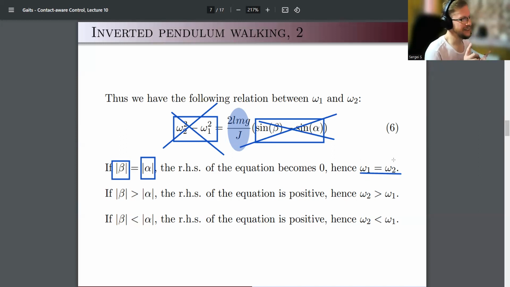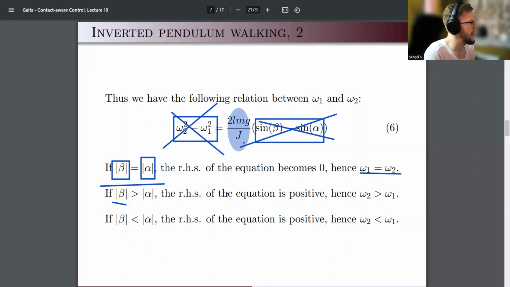It means that if the angle phi of your pendulum is the same in the beginning and at the end of the support phase, your angular velocity is not going to change. We will look at the illustration in a second. But importantly, by absolute value, it doesn't have to be, the sign can change. That's fine. Okay.